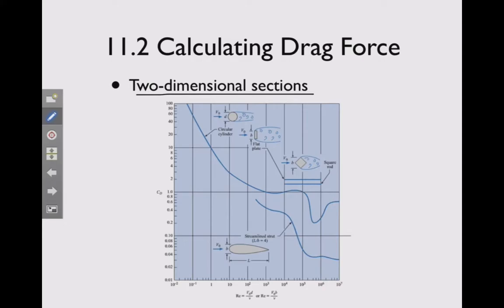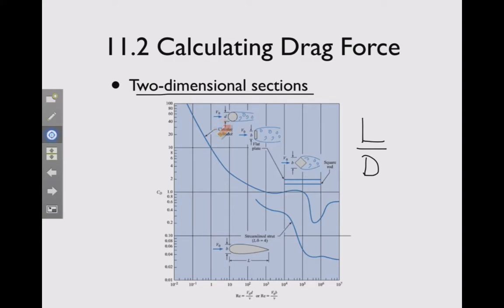Normally we're looking at very, very long objects, and in some cases we might even idealize them as being infinitely long. And one rule of thumb to use these data is to realize that the length of the object to its diameter, or to its relevant length, it might be little b, as you can see here.